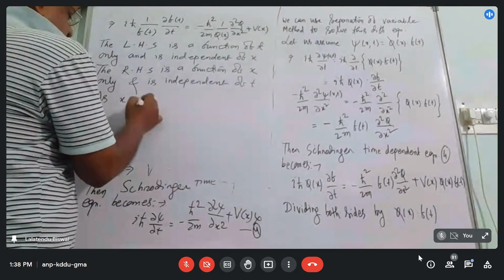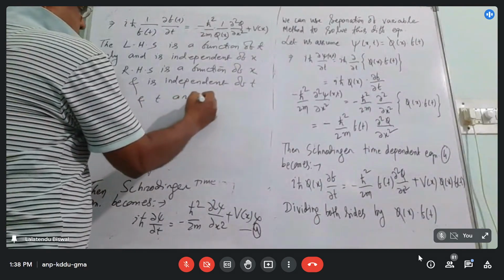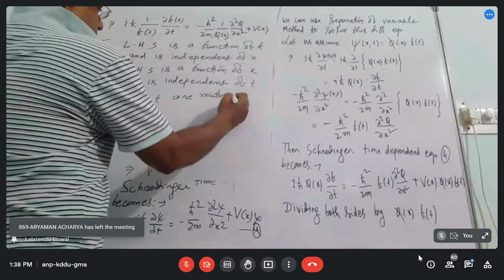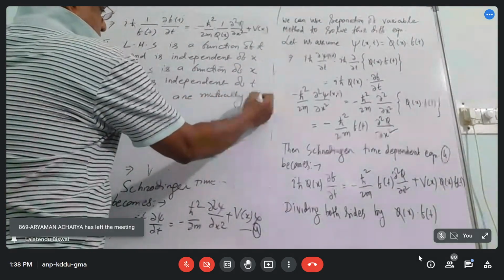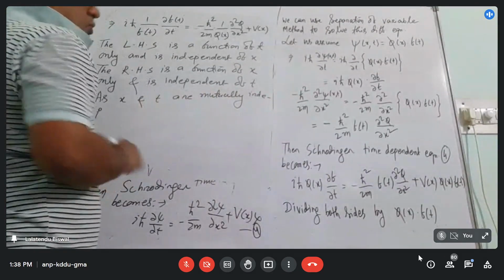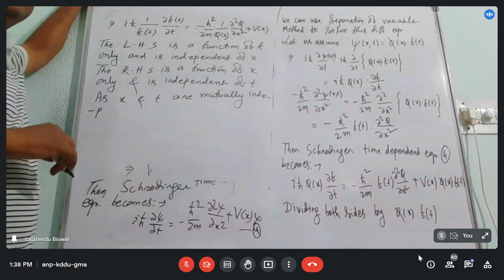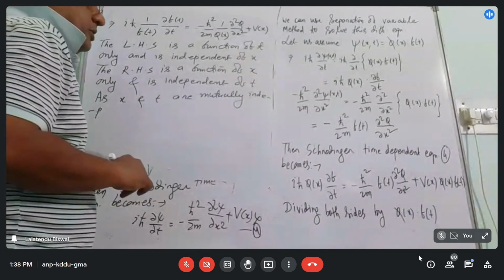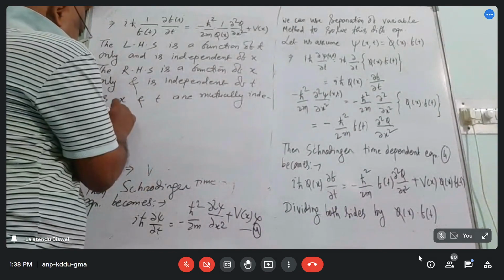As x and t are mutually independent, this is what you see in the partial separation of variables method in solving partial differential equations.